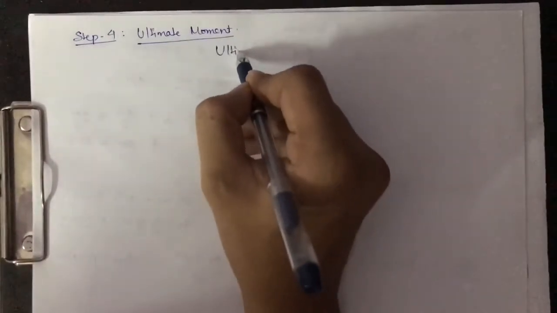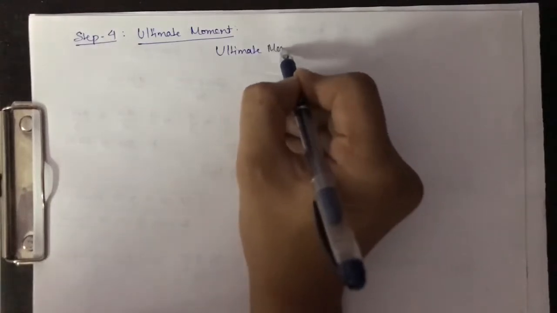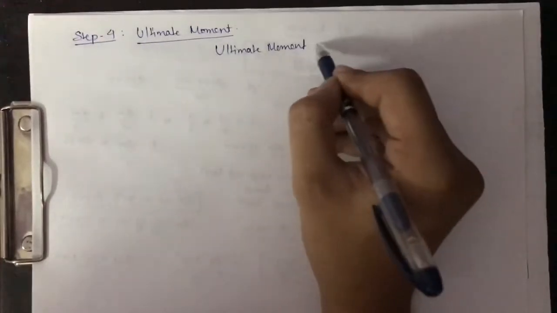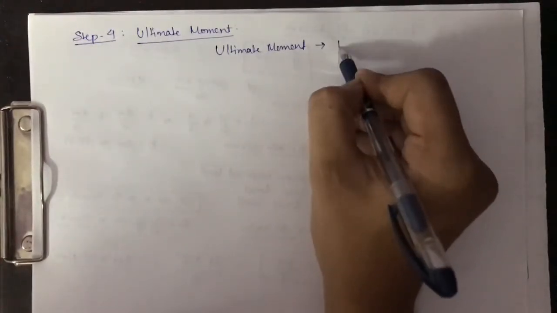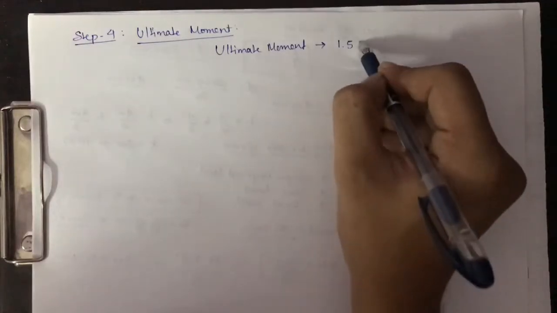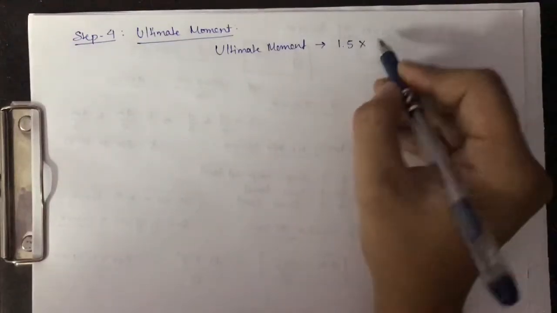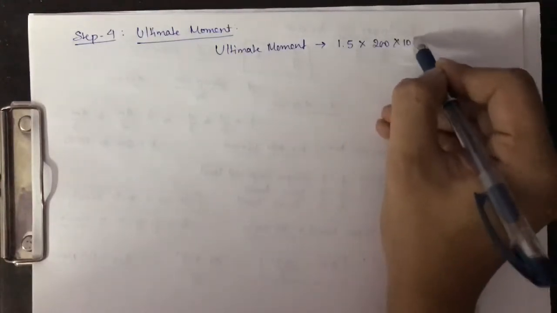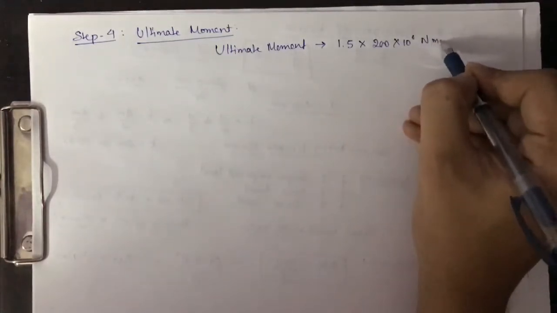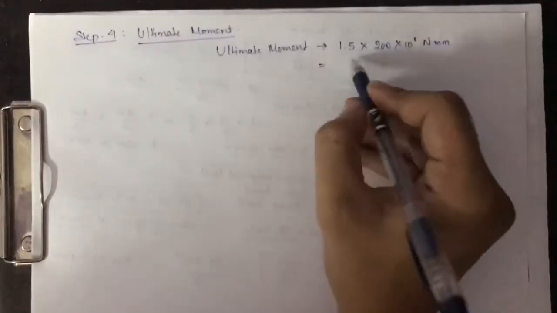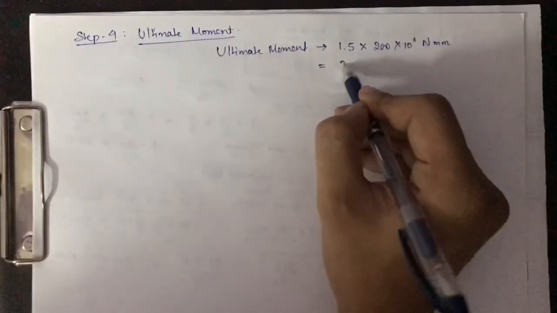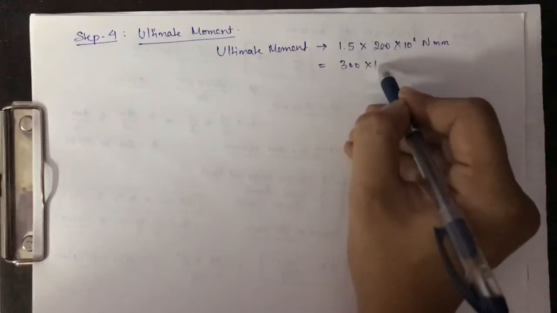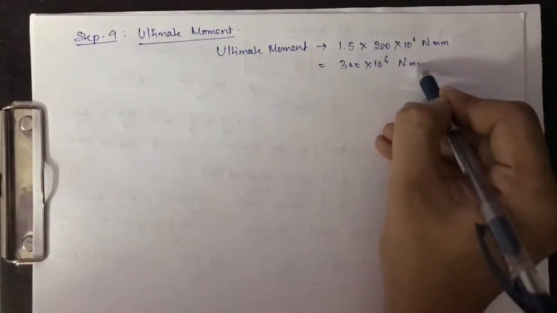For the ultimate moment, the factor of safety is 1.5, and our load is 200 into 10 to the power 6 Newton mm. So it comes to 300 into 10 to the power 6 Newton mm.